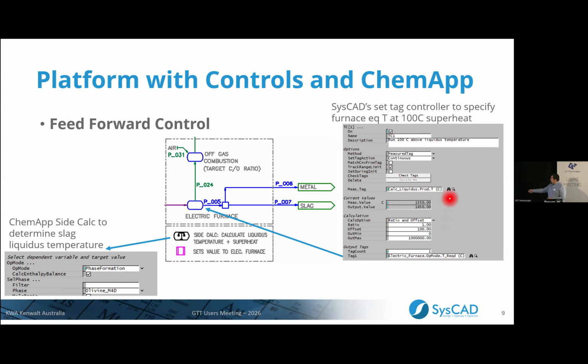And so this is the value that I'm monitoring. And based on that, I'm going to set the electric furnace temperature to 100 degrees above, for example, that liquidus temperature. So I always ensure that the furnace is operating at a given superheat. And then I can use that to calculate or optimize what is the blend of feeds that will allow me to operate at no more than 1650 degrees, for example, in the furnace. Okay, so very, very powerful too. So those are all integrated into the model. You just drag and drop them, and off you go.